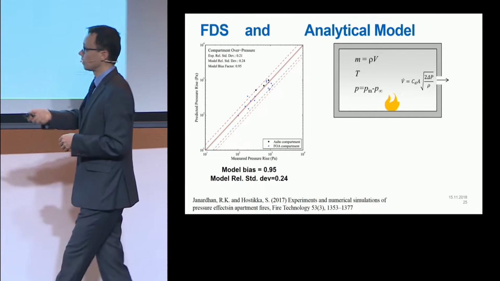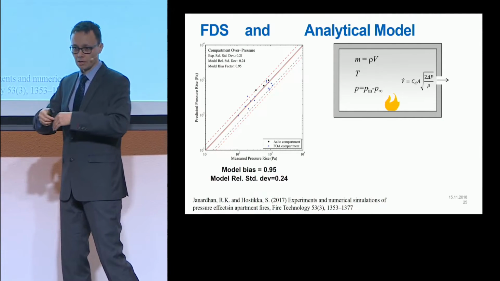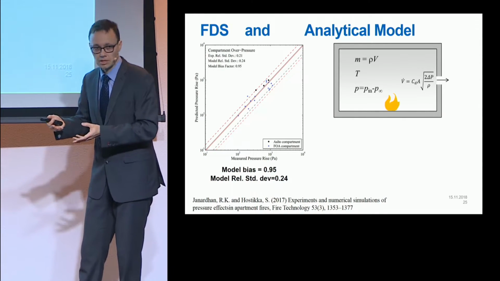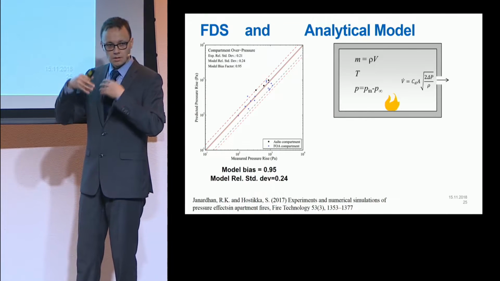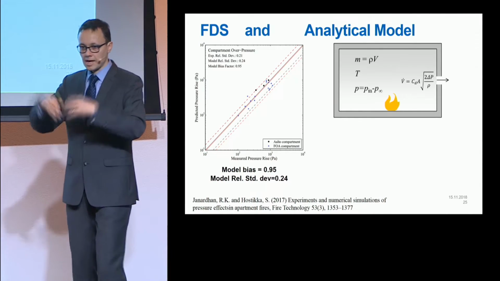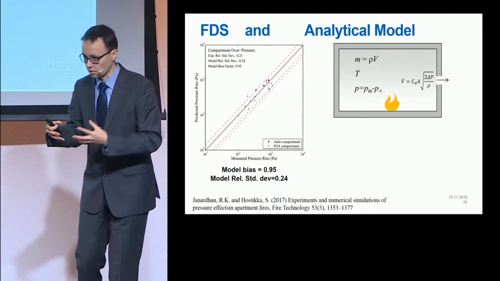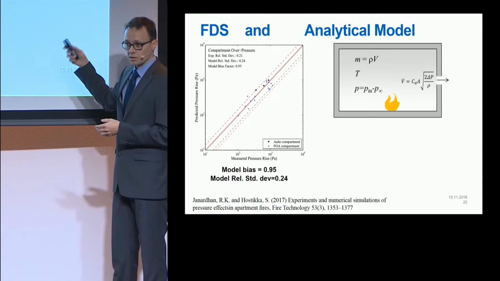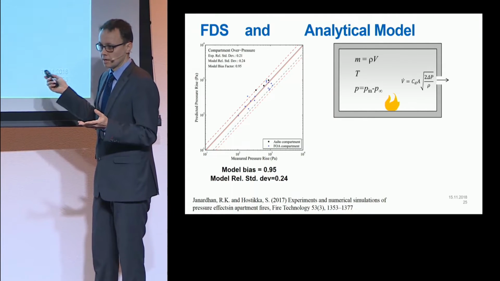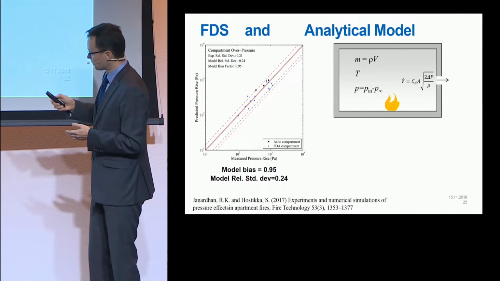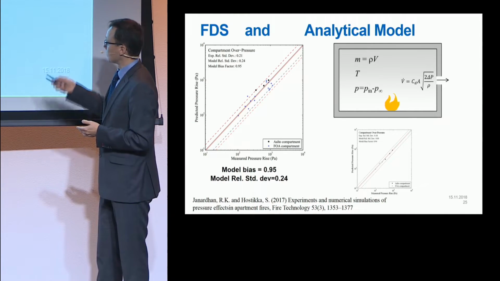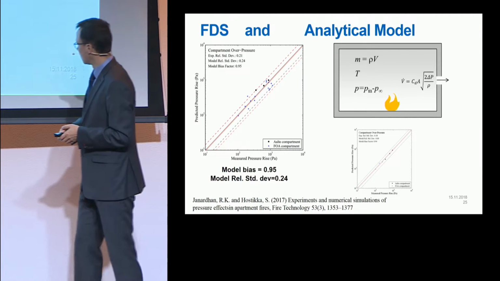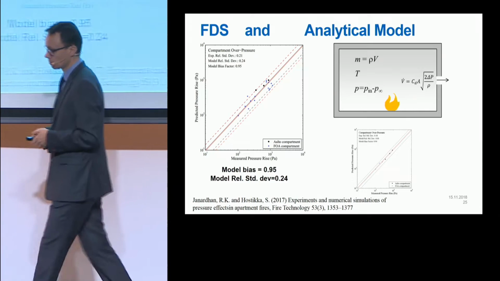We need a good fire simulation model like FDS to tell how the temperature develops, because the temperature increase gives us the gas expansion source term for the pressure. When we have that, we can change the air tightness in the analytical model pretty freely and see what the pressure would be if we have different envelopes. And again, we did the validation for this model using the same data set.